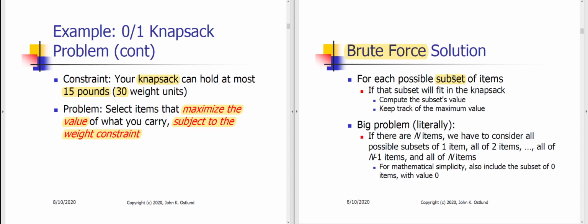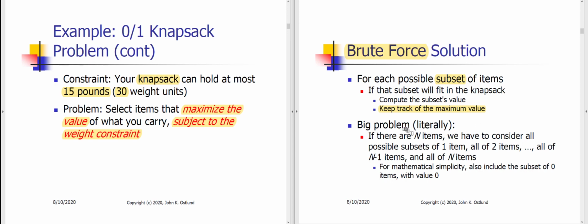If it will fit in the knapsack, then we can compute the subset's value. If the subset won't fit, it has a value of 0 because we can't take that subset with us. And we're going to keep track of the maximum value over all of these possible subsets of items.